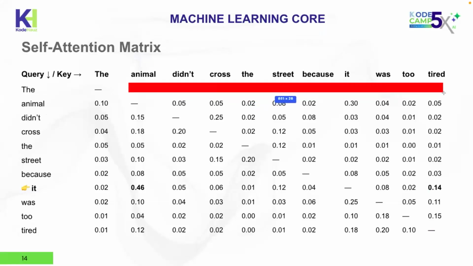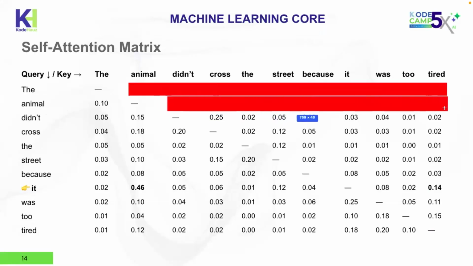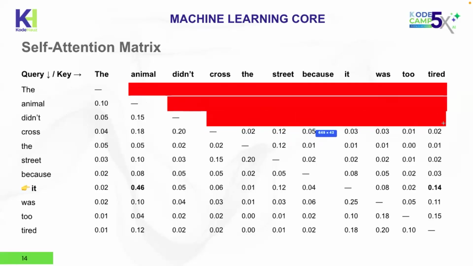So it's not actually learning to predict. So what we normally will do is mask this future. When I'm at THE, we will mask everything after THE, which is animal did not cross the street because it was too tired. When I'm at animal, I'll mask everything after animal, and when I'm at didn't, I'll mask everything after didn't.